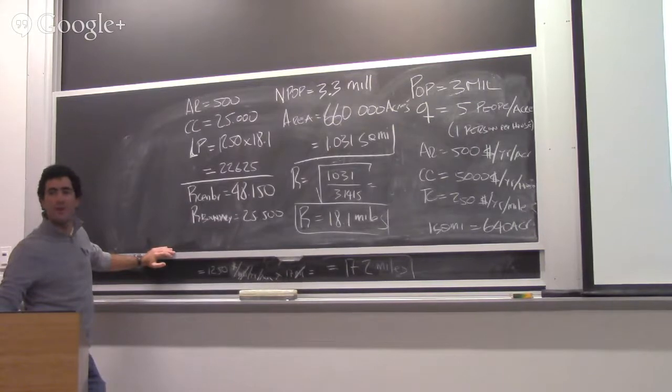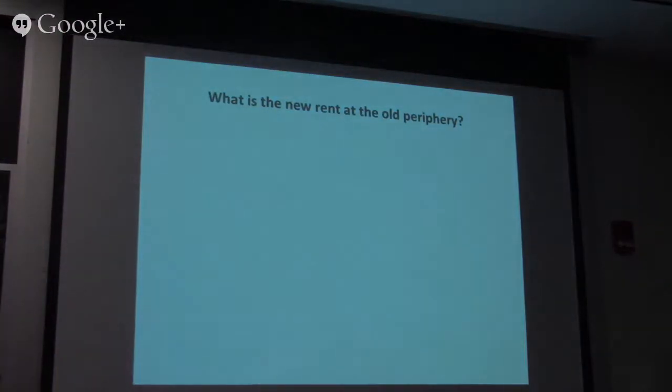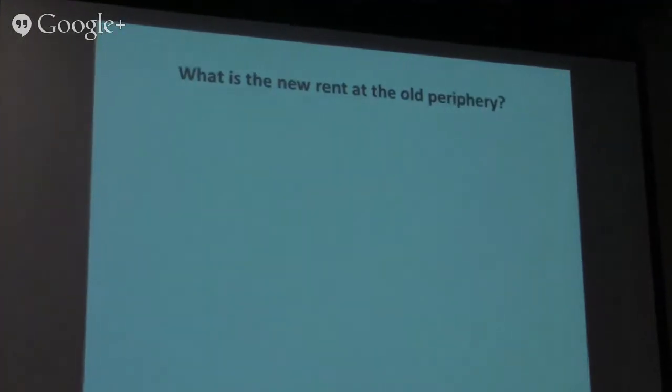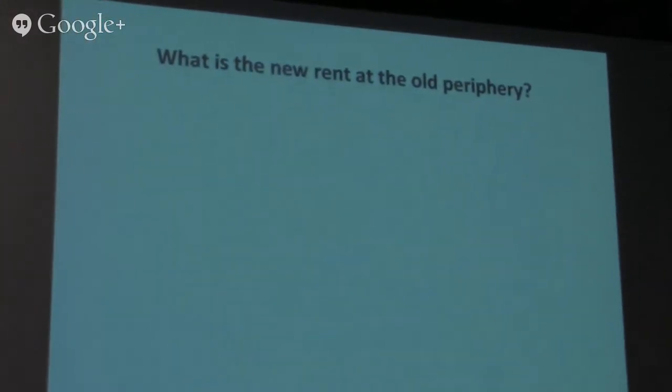Questions so far? No? What's the rent at the old boundary? Still 25,500.